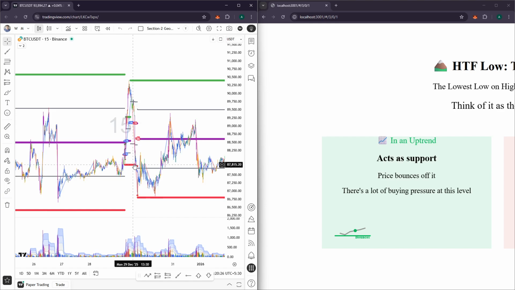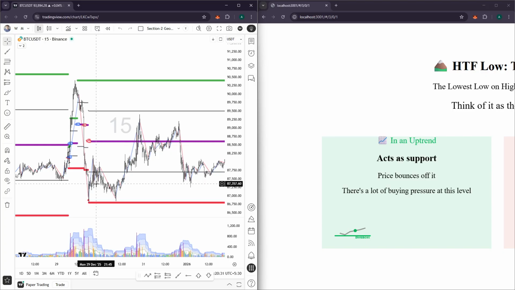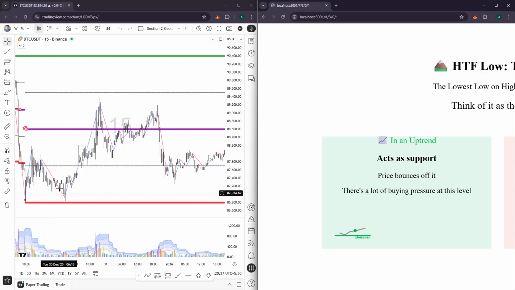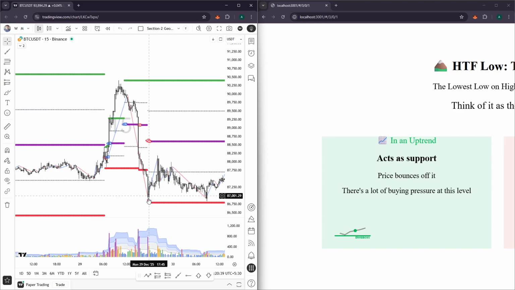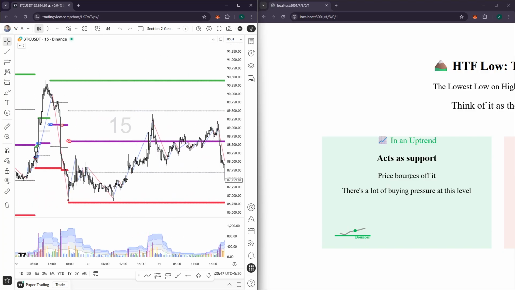So when it comes around here to the lowest low, it acts as support. Okay, and price bounces out of it because there's a lot of buying pressure at this level, and you can see a lot of buying pressure here. You see this sort of candle, right? And a lot of volume coming here. Okay, and you see it bounces out of here.